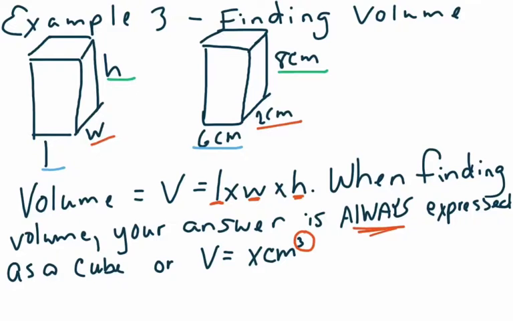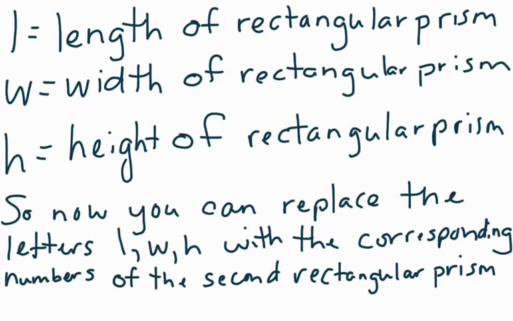I tried to use the same colors there, so that way you would be able to identify easier which ones go together. Okay, and again, I just wrote down L equals the length of a rectangular prism, W equals the width of a rectangular prism, H equals the height of a rectangular prism.